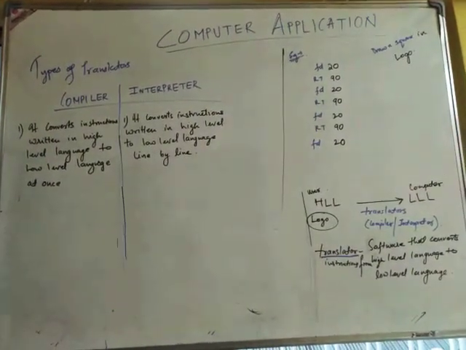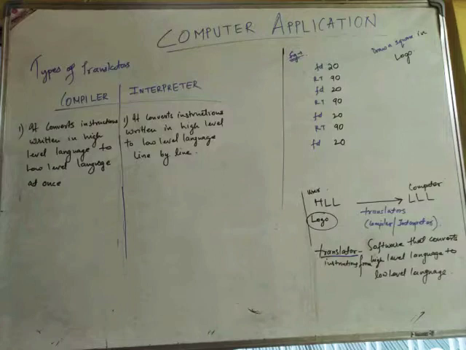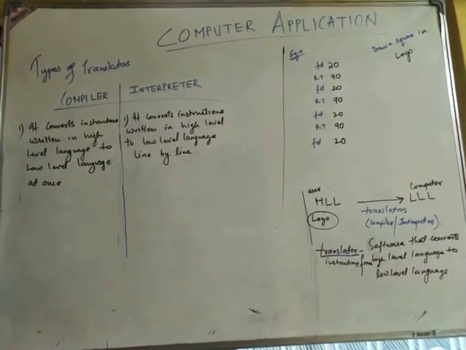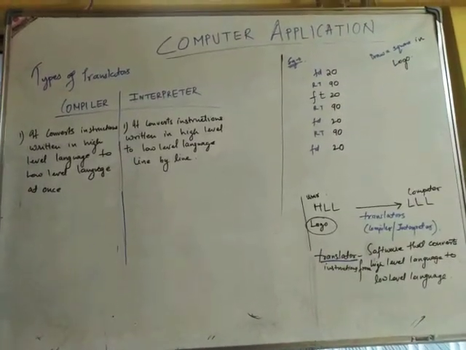Since logo is a high level language, it will get converted into low level language. Now when these instructions are converted, what will happen? The compiler will convert all the instructions at once. Let's say I have made a mistake: instead of FD in the third line I have written FT. So what will happen?